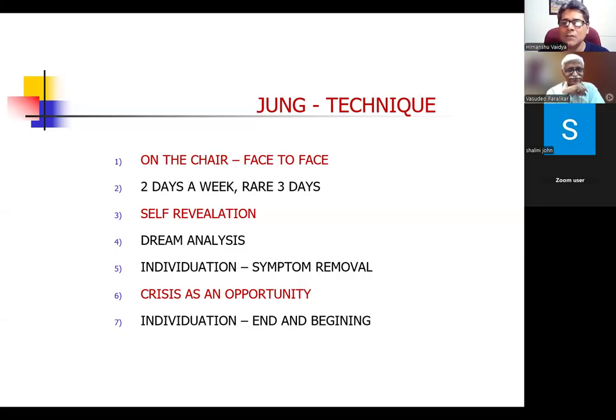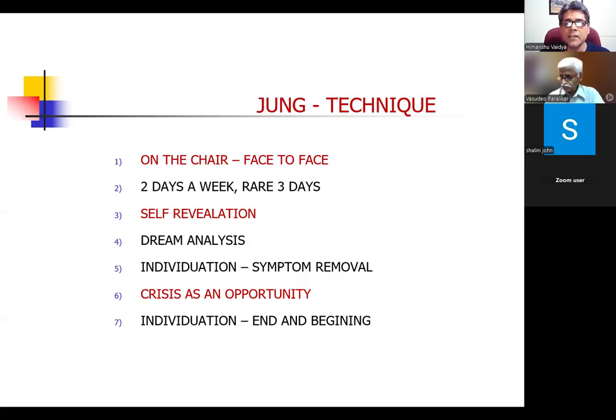Meaning, I am in a soup and you are also in a soup. Now that kind of self-revelation, a Freudian or Kleinian will never do. They will preserve the blank screen. But compared to Freud, Klein and Bion, Jungians do more of self-revelation. As I said, less than an existential therapist would do, but more than the classical.